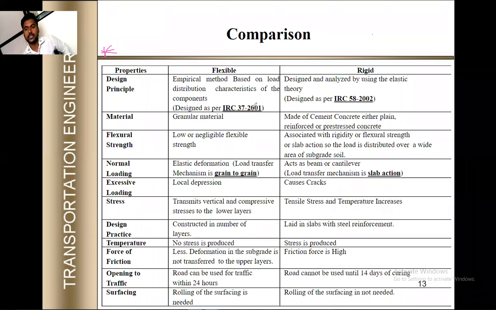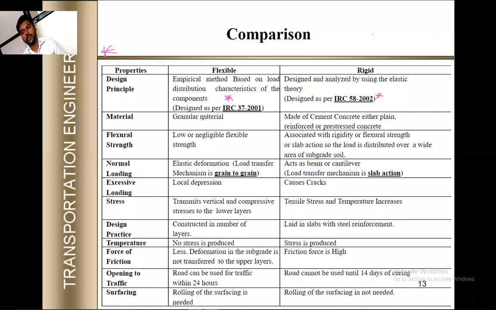It is designed as per IRC 37-2001. This is important. Which code is used for designing the flexible pavement? IRC 37-2001. And which code is used for designing the rigid pavement? IRC 58-2002. This is very important.